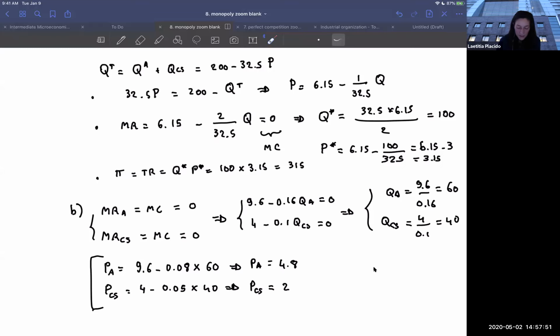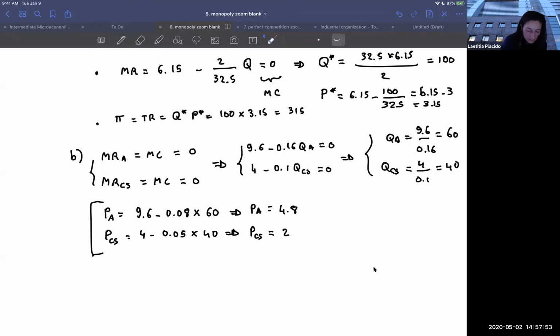Now let's calculate the total revenue and see whether this price discrimination is beneficial to the monopolist. The profit here again is total revenue. So it's going to be QAPA, the revenue from selling to adults, plus the revenue from selling to children and seniors.